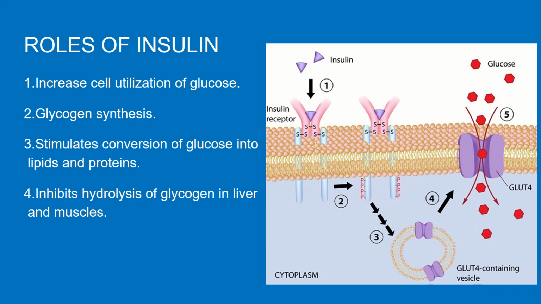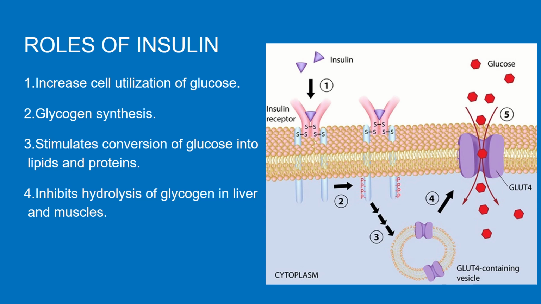Number 2, it also promotes uptake of glucose by the liver cells, where excess glucose is converted into glycogen, which is a polysaccharide made by the combination of many glucose molecules.